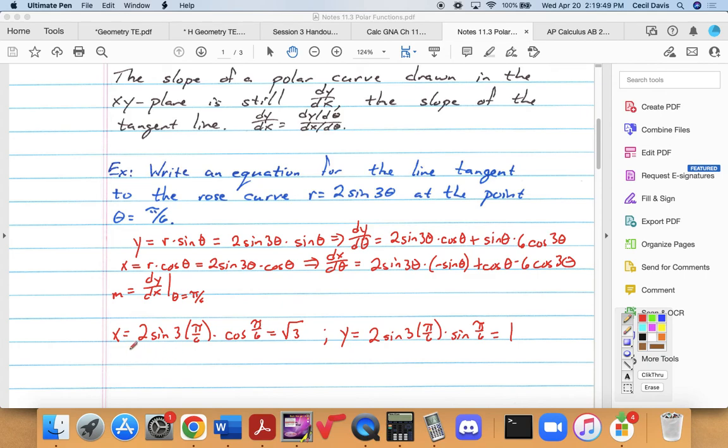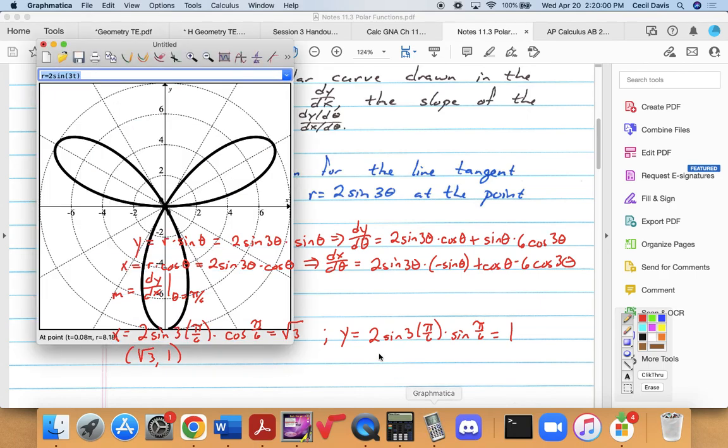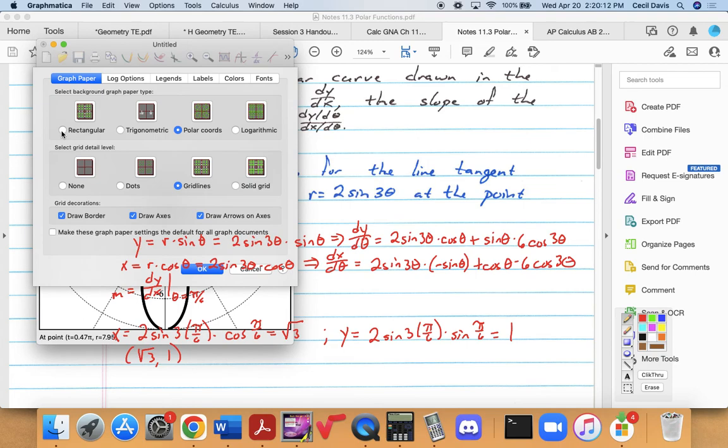So we have our x, y coordinates, square root of 3 comma 1. I'm going to real quick sneak a peek at our graph and see if that kind of makes sense. So out here, let's change the grid to rectangular.